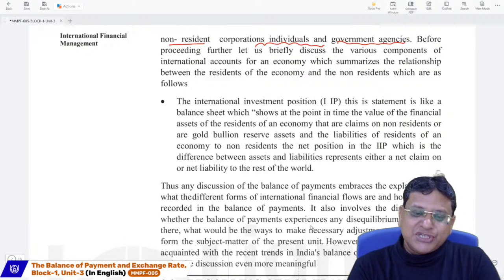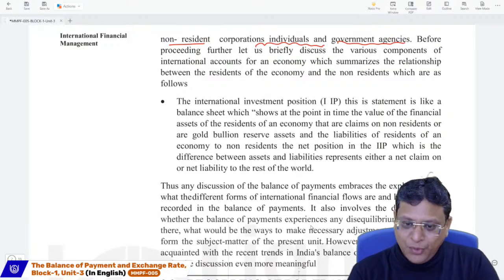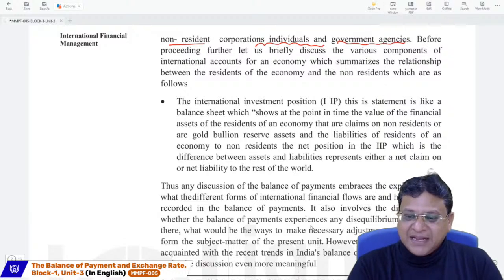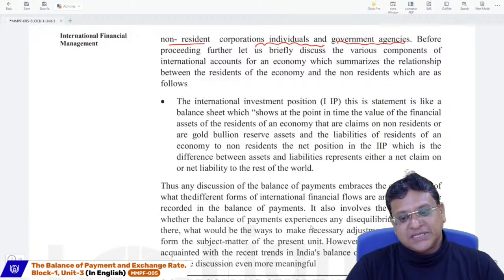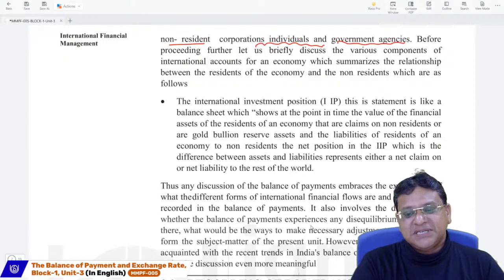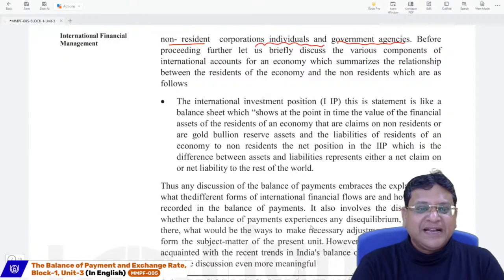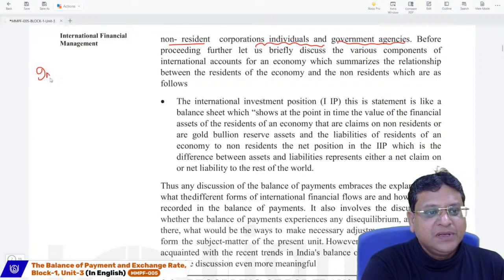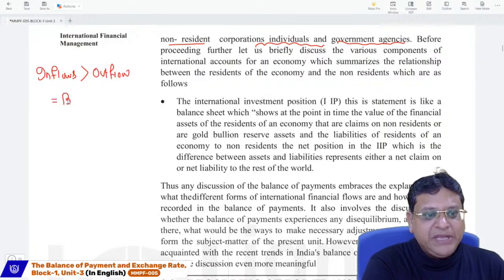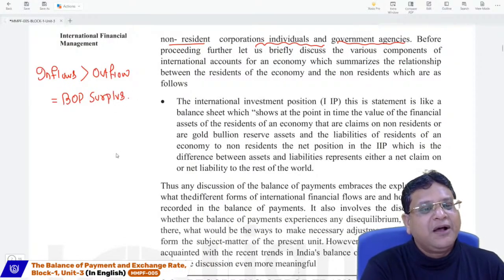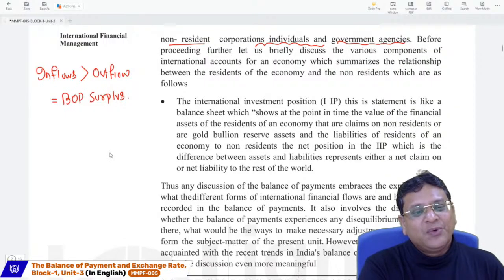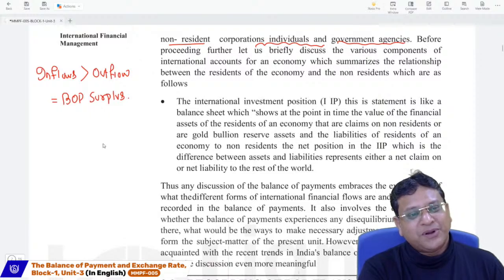The statement contains two parts. One is inflow of foreign currency and another is outflow of foreign currency. So, there will be a surplus or deficit. If inflows are greater than outflows, what will happen? There will be a BOP surplus. BOP surplus will occur when a country's inflow of foreign currency is greater than outflow of foreign currency.